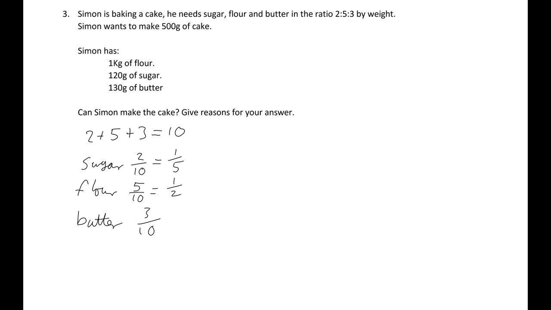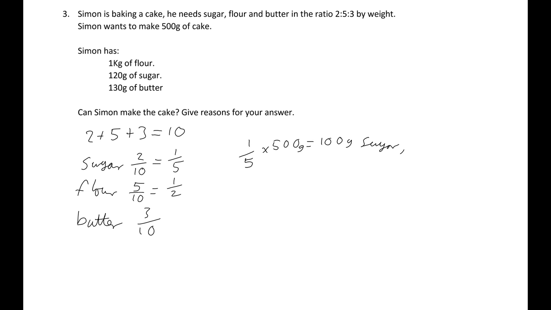So we're going to do those fractions of the total. 1/5 of 500 is 100 grams. Right, so we need 100 grams of sugar.